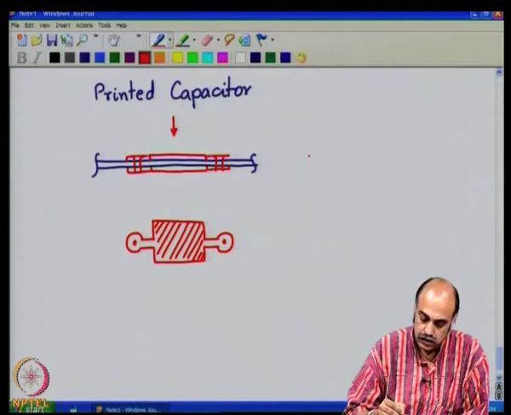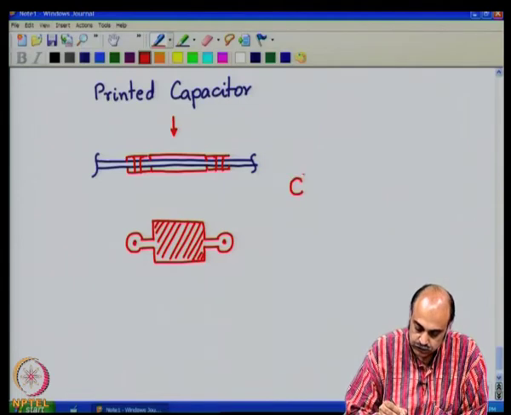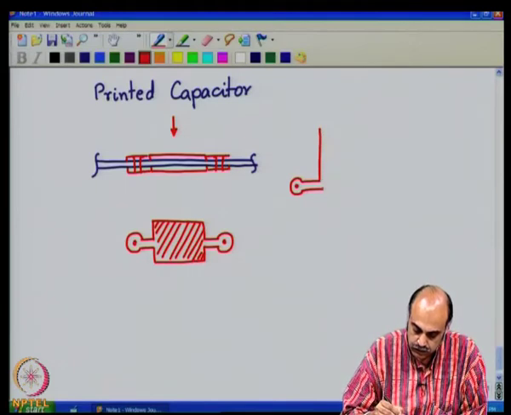Another topology would be something like this. Let us say one plate of the capacitor is something like this, like a comb.